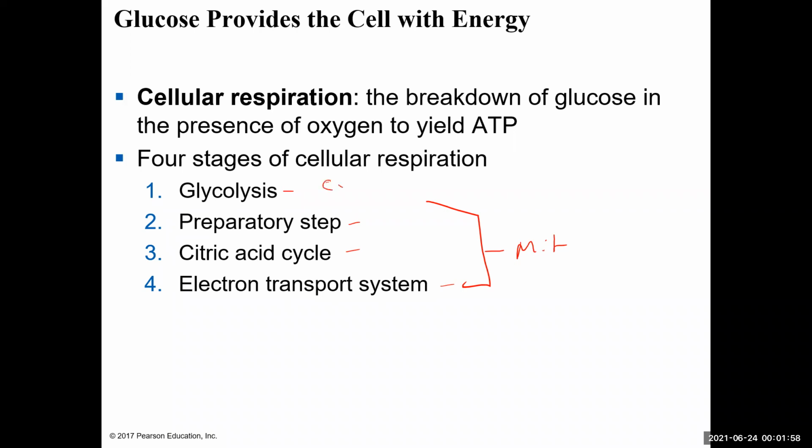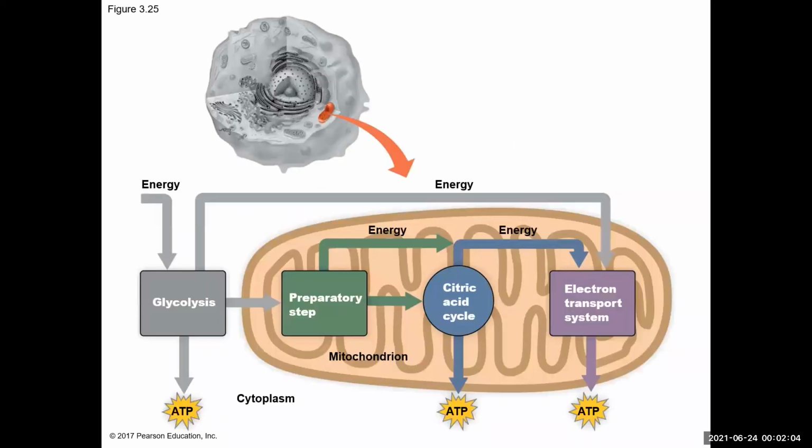The glycolysis occurs in the cytoplasm. Okay, we have a figure here where it shows glycolysis in the cytoplasm, and then your last 3 steps, your prep step, your citric acid cycle, and your electron transport system, all happen within the mitochondria.